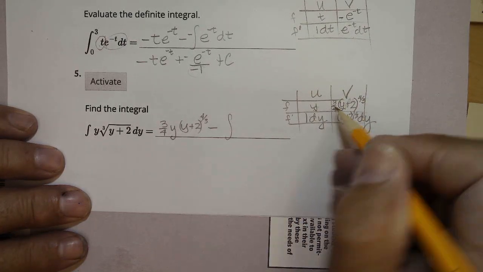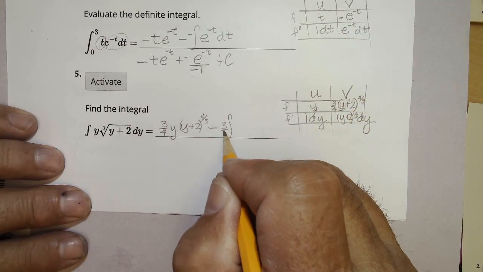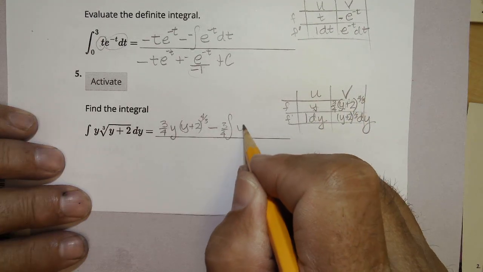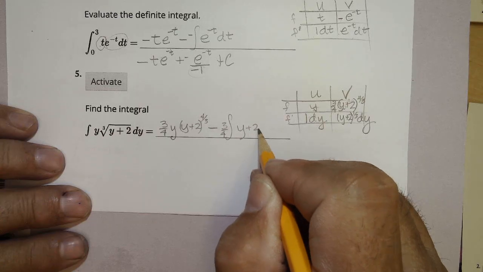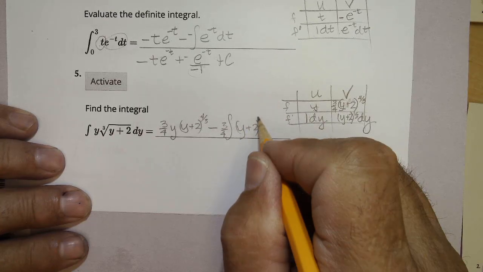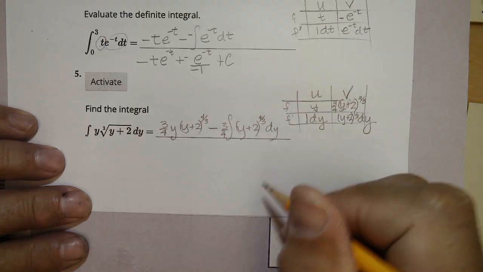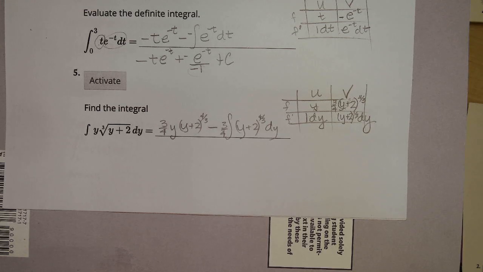So it's 1 times 3/4. That part can be pulled out. And then left would be y plus 2 to the 4/3 dy. We'd have to integrate it.